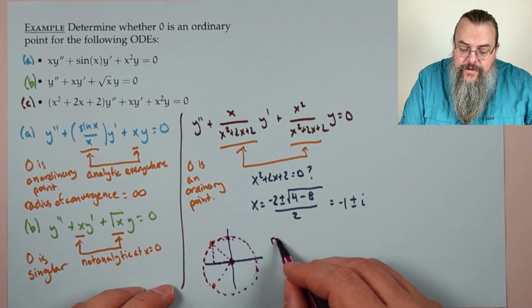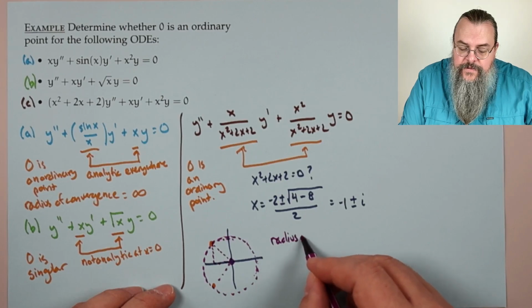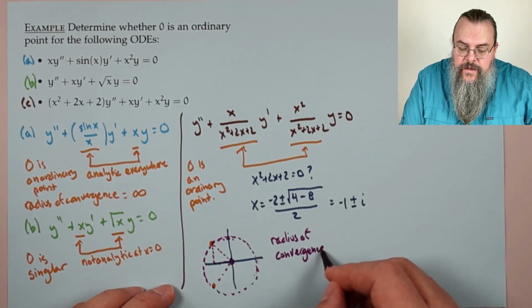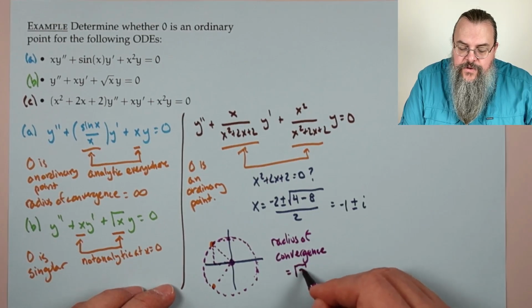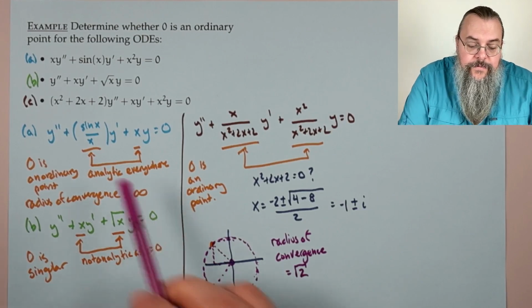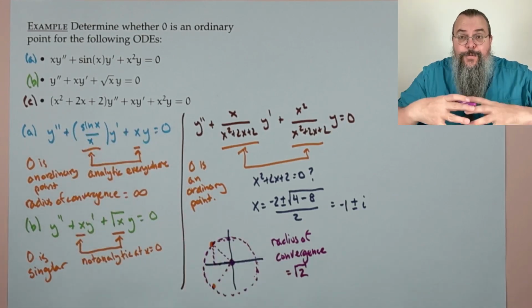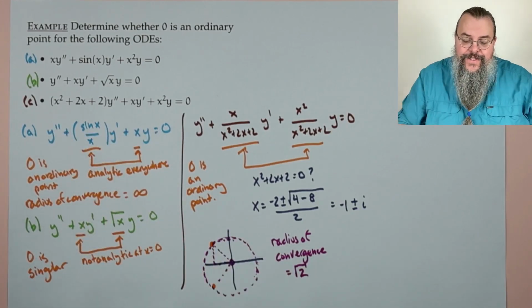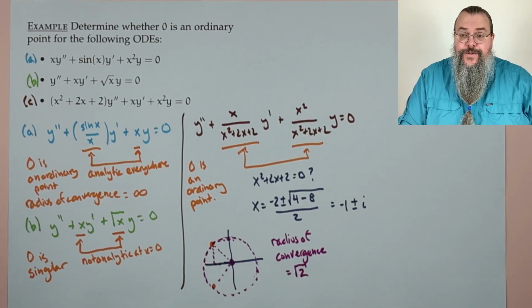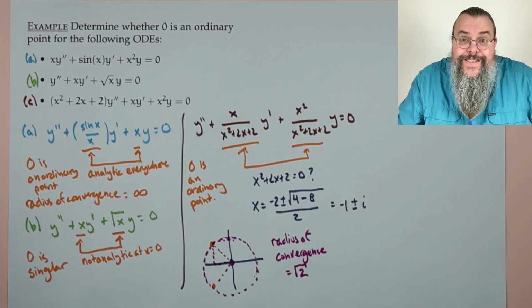So our radius of convergence will be square root 2. So, in other words, once we found the series solution, it wouldn't converge for all x. It would only converge up to a distance of root 2. Notice how easy this is.